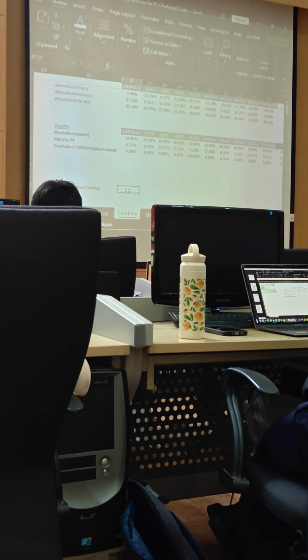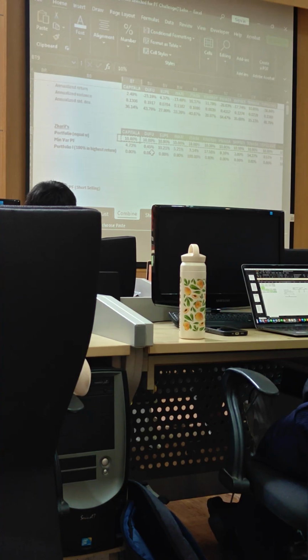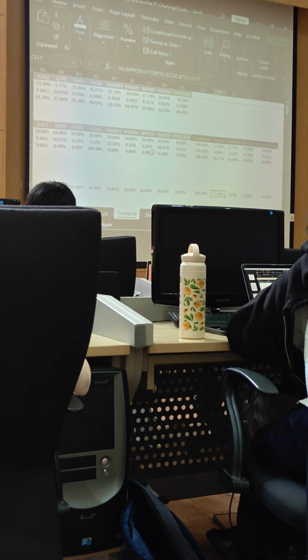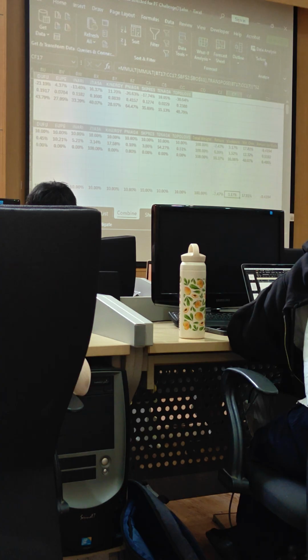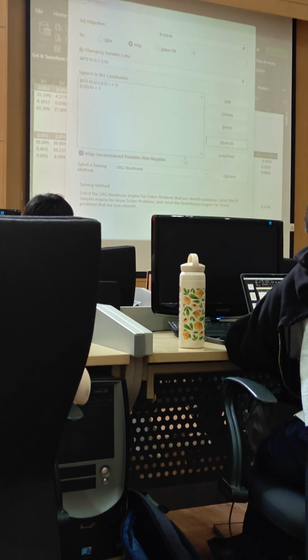So, minimum variance portfolio short selling sama juga macam tadi, you just have to copy everything. Start with portfolio of equal weight, copy everything, paste dekat sini, okay. Lepas tu, go to solver. Now, clear all.